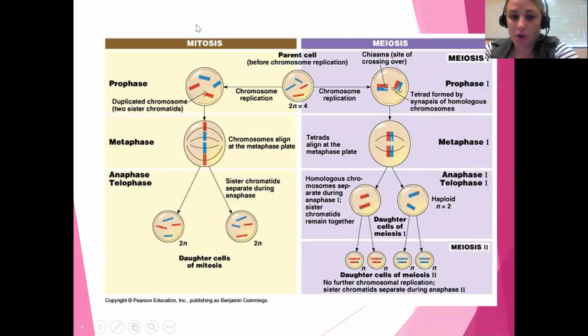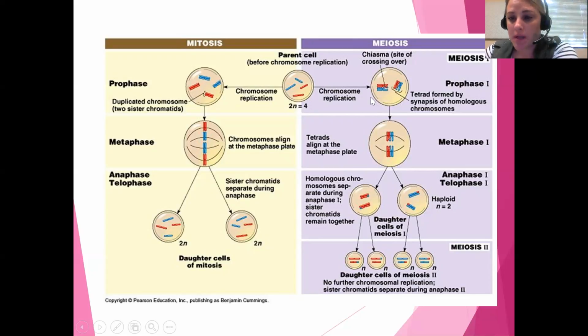This is also a really good visual. It's going to show you the difference between mitosis versus meiosis. Over here we have mitosis: prophase, metaphase, anaphase, into telophase. Remember that PMAT. It also tells you what's going on in each phase. In meiosis, it's going to be meiosis 1 and meiosis 2.